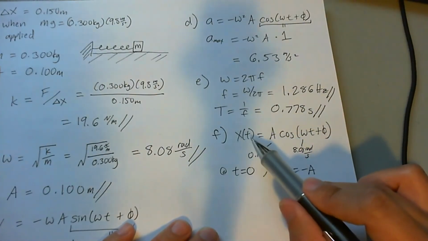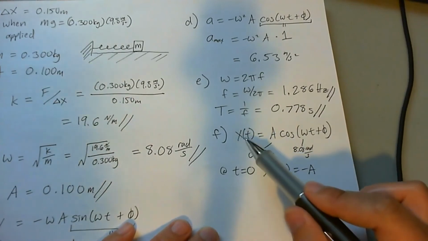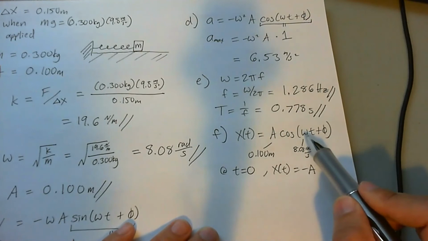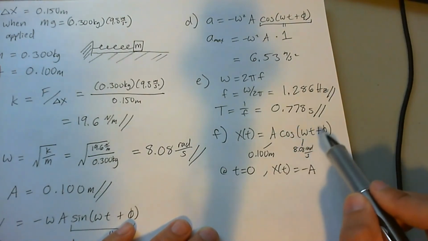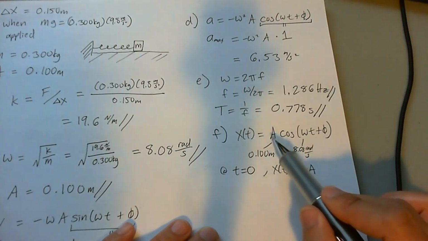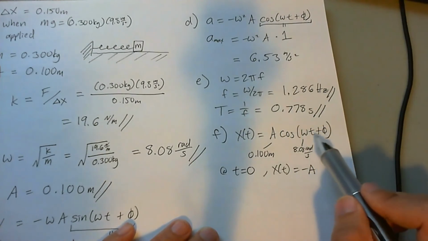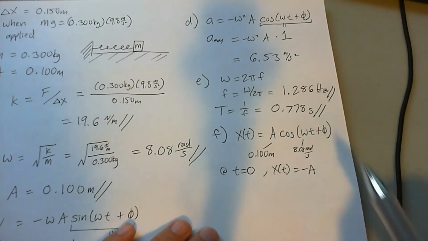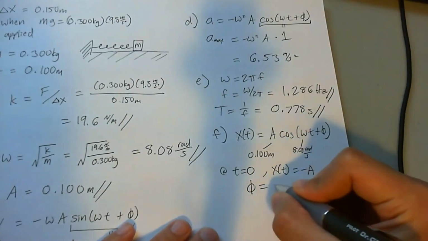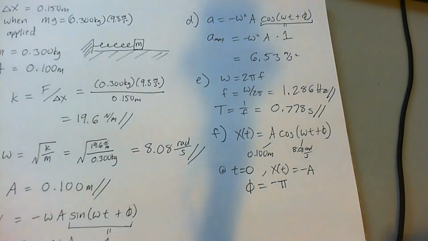So this becomes A cosine phi. Well, this is negative A. So if negative A is equal to A cosine phi, cosine phi must equal negative 1. So that negative A can equal A times negative 1. In order for cosine of phi to equal negative 1, phi must equal pi, or negative pi or pi, it really doesn't matter.